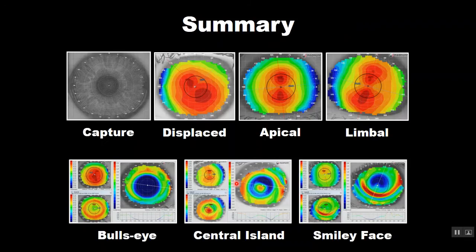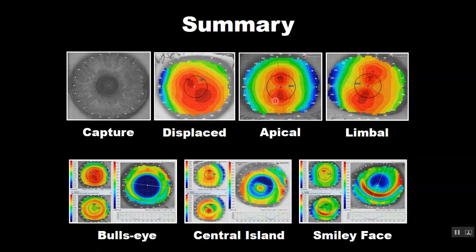So you understand the refractive change, the treatment zone position, the treatment zone size, the lens position in the closed eye environment. So in summary, make sure that you do good baseline corneal topography captures. Make sure that you get 100% of the cornea or as much as you possibly can, good quality reflection of the placido across the vast majority of the surface. When you see a displaced apex, don't be surprised if your Ortho-K lenses will similarly follow the natural eye displacement.